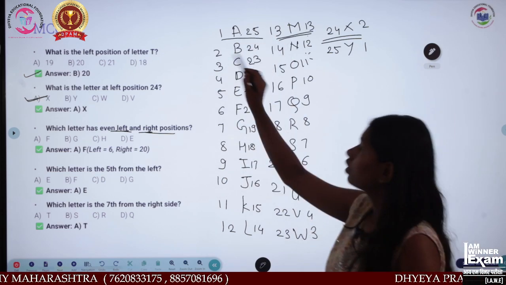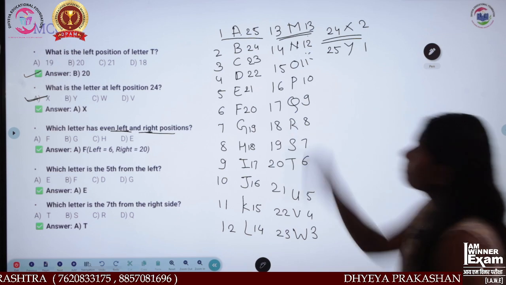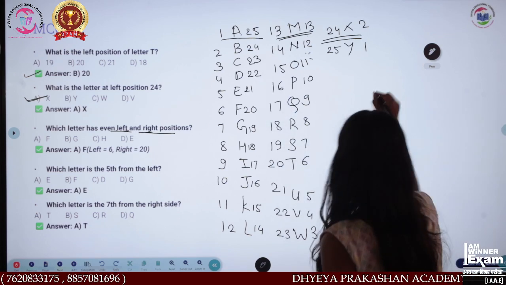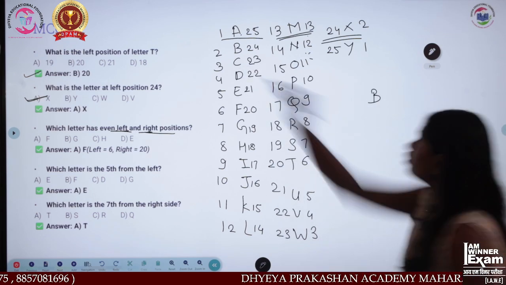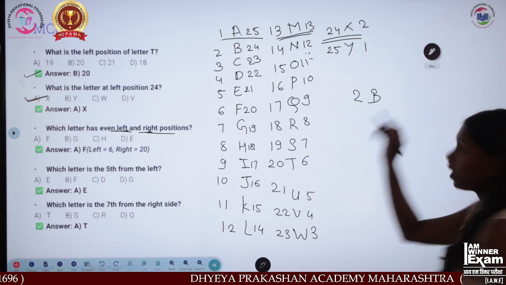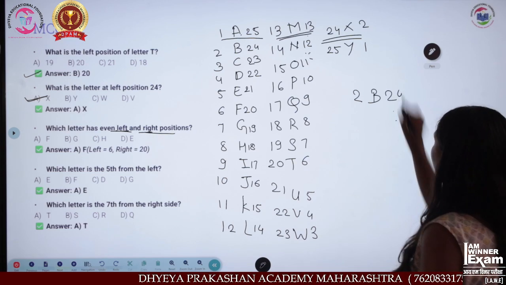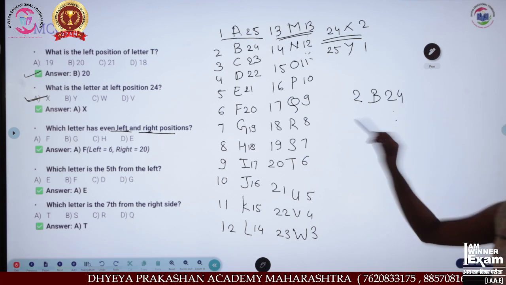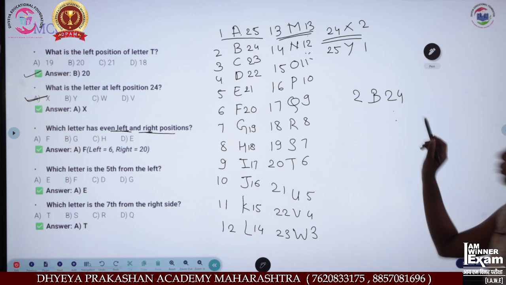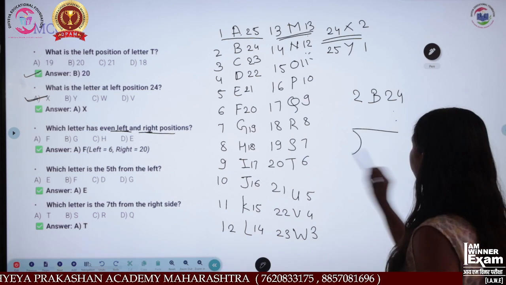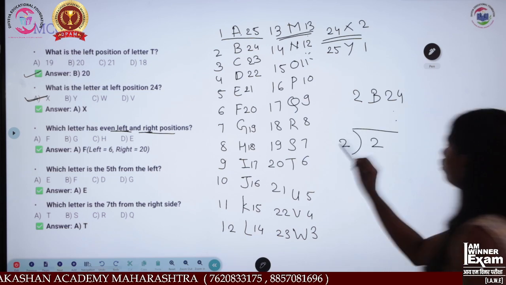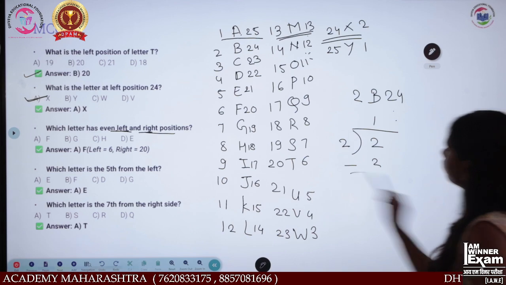Then B. Now here B has 2 on the left and 24 on the right. Now these both numbers are divisible by 2. Let's check. 2 ones are 2.